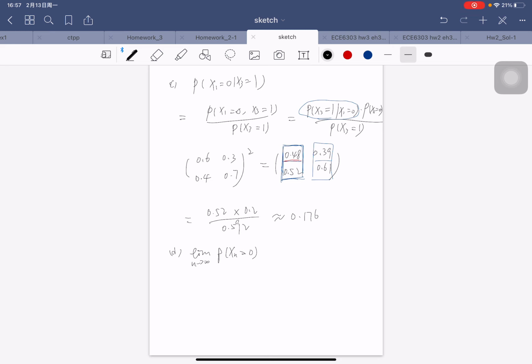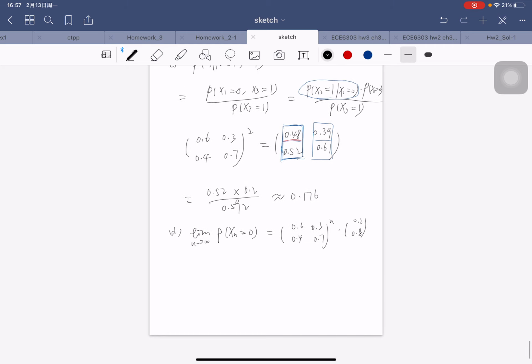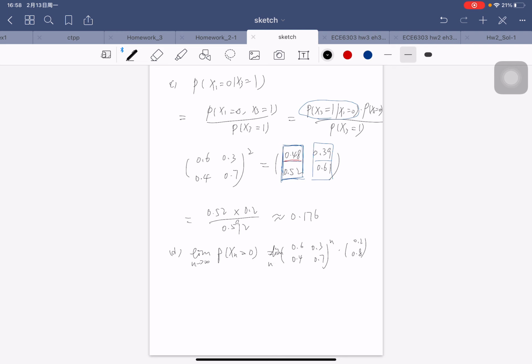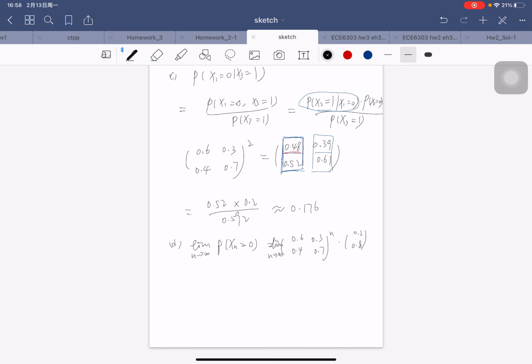So we know that we can determine the probability of each state by multiplying the transformation matrix to the power of n on the probability vector of the beginning state. So the limit problem becomes to know what's the limit of the matrix to the power of n.